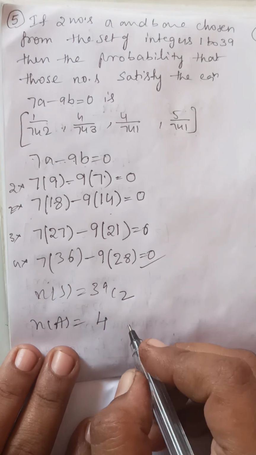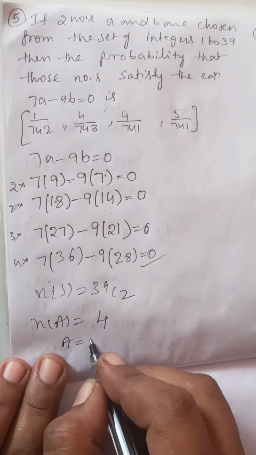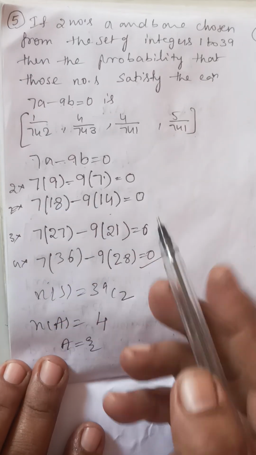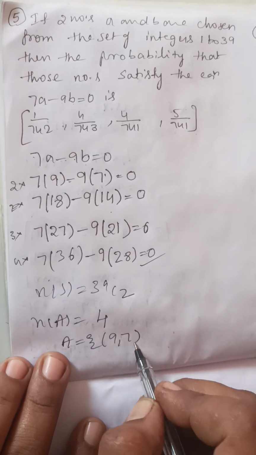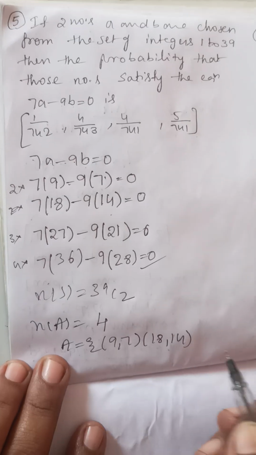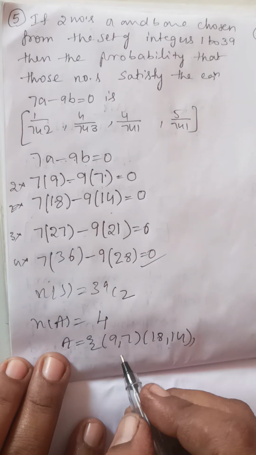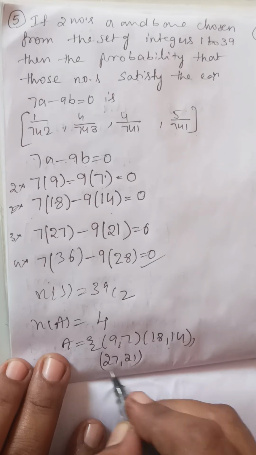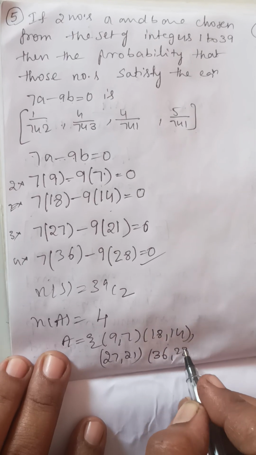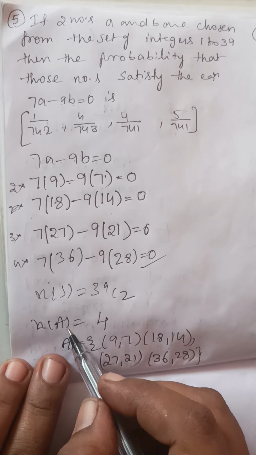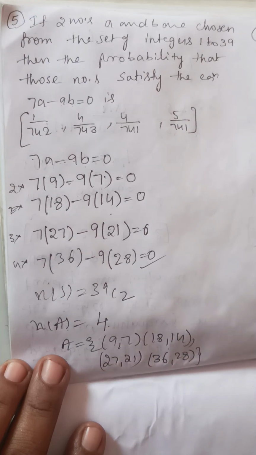So what are those 4 pairs? Those pairs are 9 comma 7, 18 comma 14, 27 comma 21, 36 comma 28. These are the 4 pairs. So n of A equal to 4.